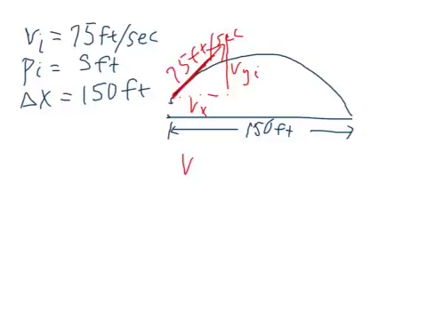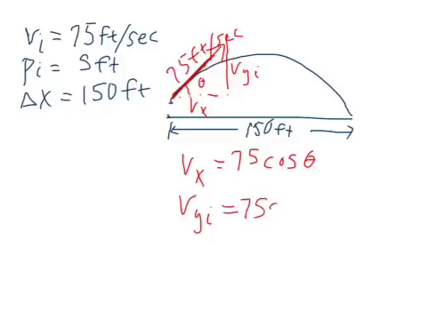And those values, Vx is going to be 75, we'll make this theta, 75 cosine theta, and Vyi is 75 sine theta. So we have a number of unknowns here. We're trying to find out what is that launch angle theta.